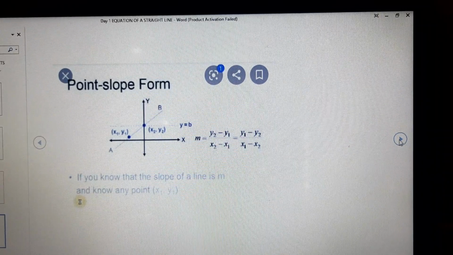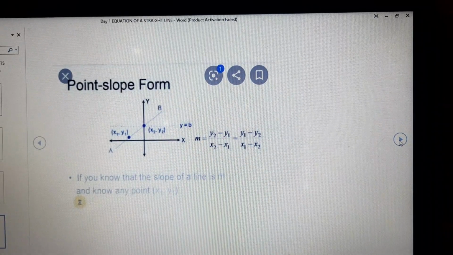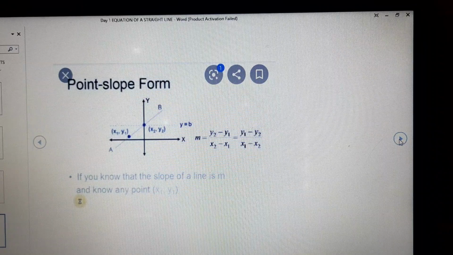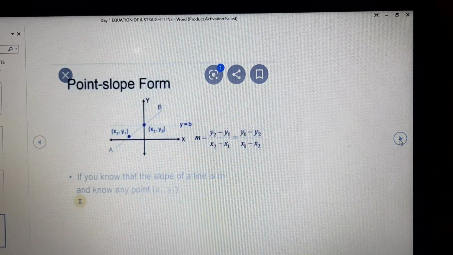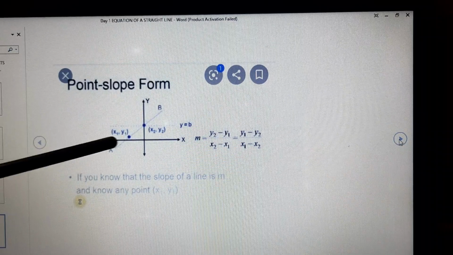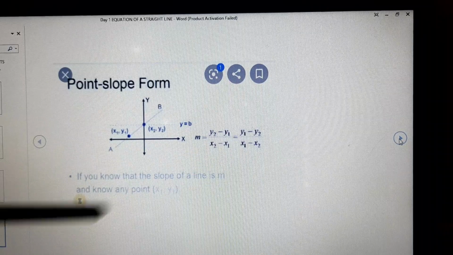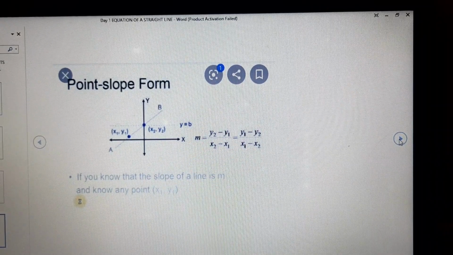I have taken line segment AB on which I have taken 2 points. As you know that coordinates can be taken as x1, y1 and x2, y2. So here I have taken the coordinate as x1, y1. Here I have taken the coordinate as x2, y2. I have taken 2 points on the line segment.